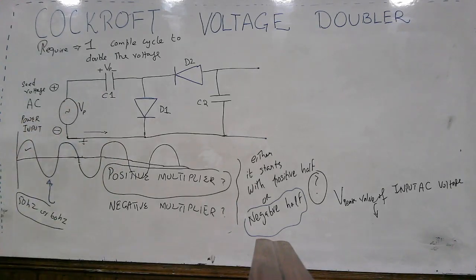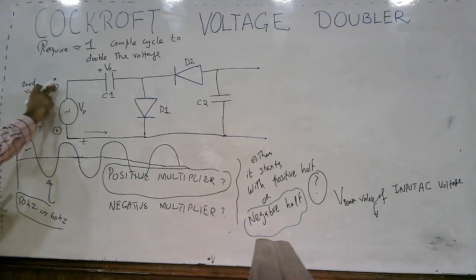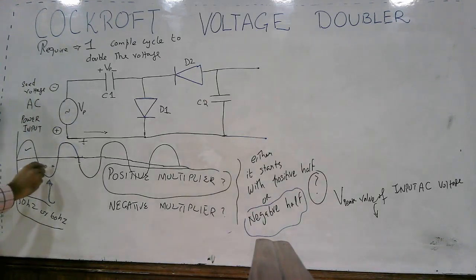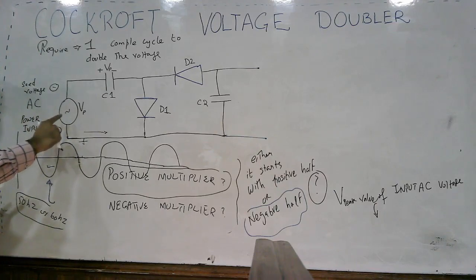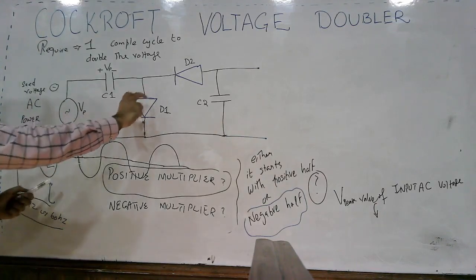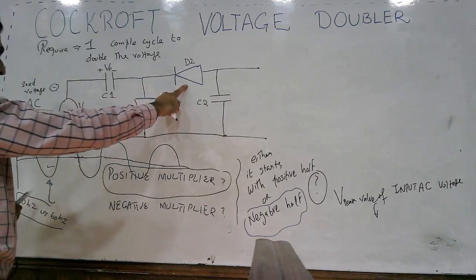Now when you have the negative half, it means that at the input side the polarities are reversed. During the negative half cycle, see what happens. This diode D1 is reverse biased, but this diode D2 is forward biased.